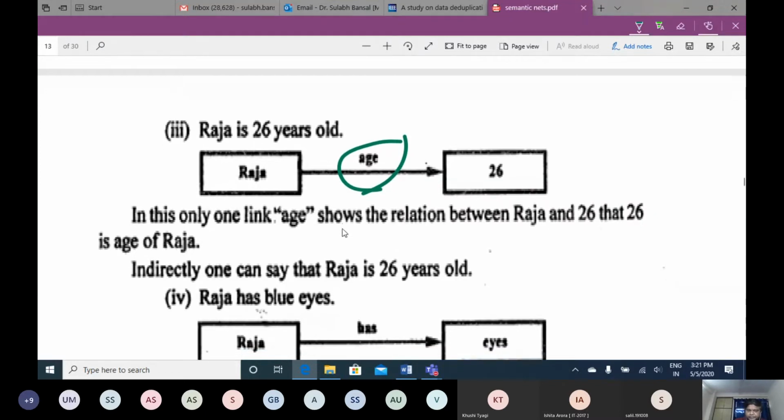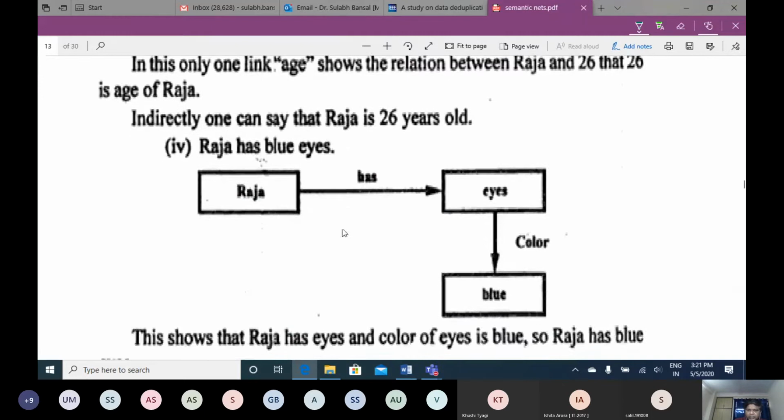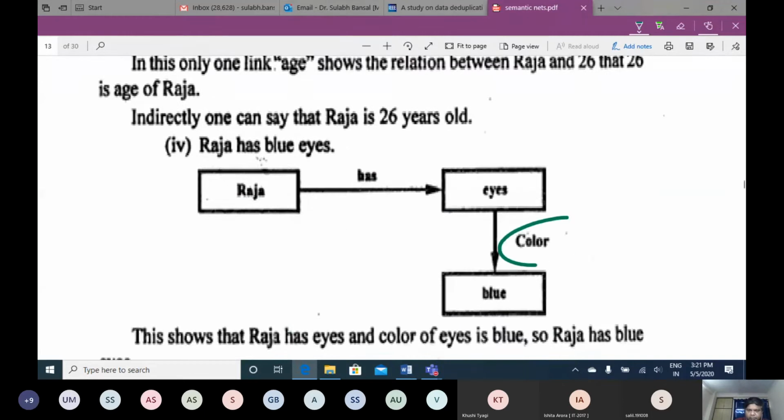So similarly, color, for example, color is a property or attribute of eyes.